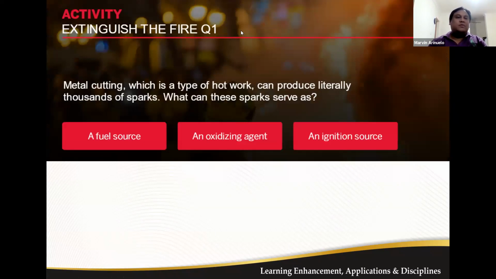Metal cutting, which is a type of hot work, can produce literally thousands of sparks. What can these sparks serve as? Fuel source, oxidizing agent, or ignition source?